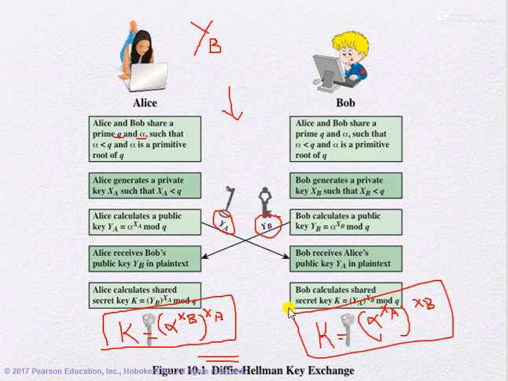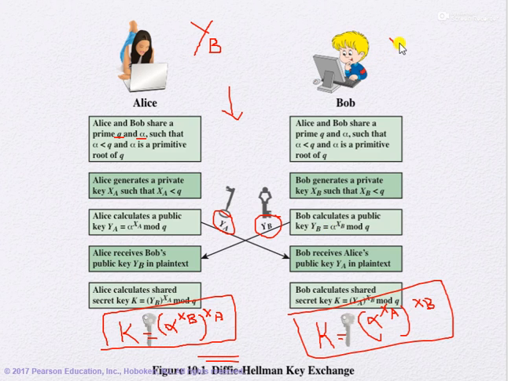The other party who is going to see this YA and YB cannot get this key from these public parameters. If somebody gets YA, it is alpha raised to the power XA, and if another party gets YB, it is alpha raised to the power XB.